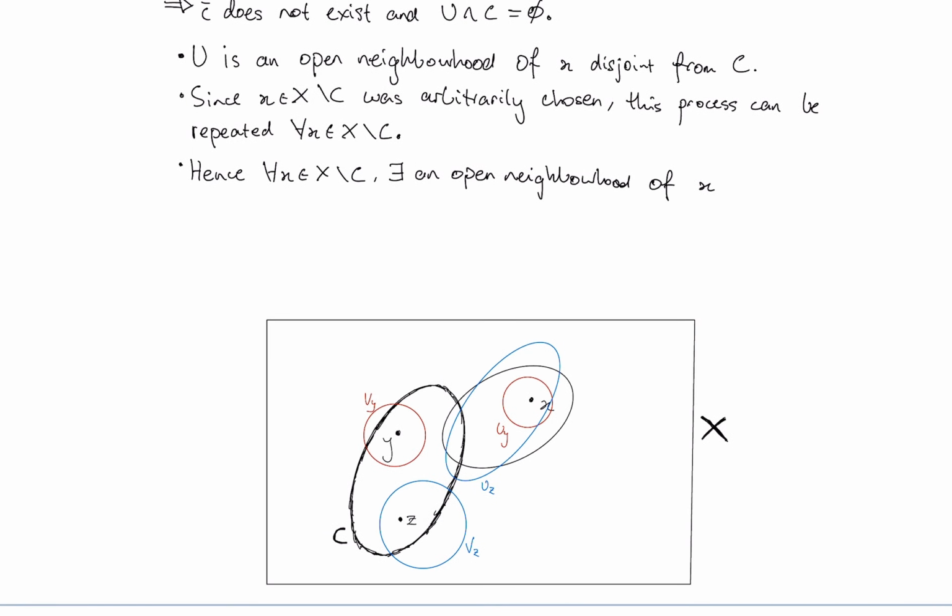So there exists an open neighborhood of X contained in the complement, which means that the complement is open, because we can draw neighborhoods around any point in the complement and still remain in the complement. So the complement is open, implying that a subset is closed.